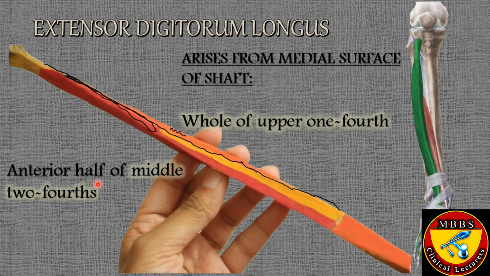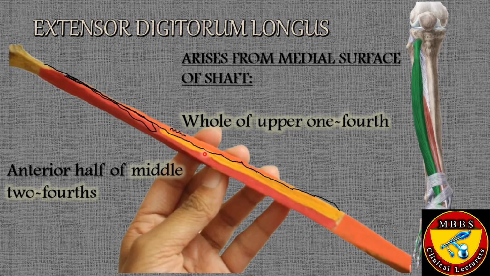Now the anterior half of the middle 2/4. You can see this is the anterior border and this is the medial crest, and this surface is the medial surface. So this half will be this yellow one. This half will be the posterior half and this half will be the anterior half.